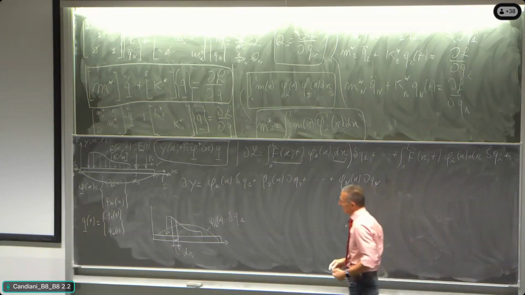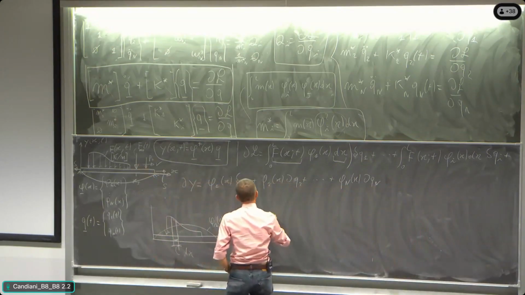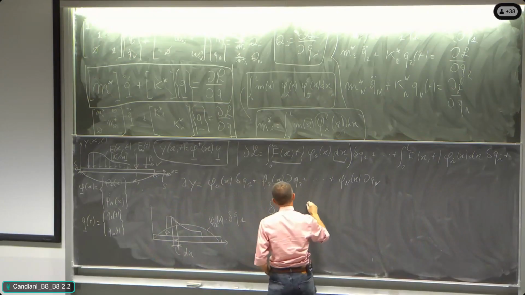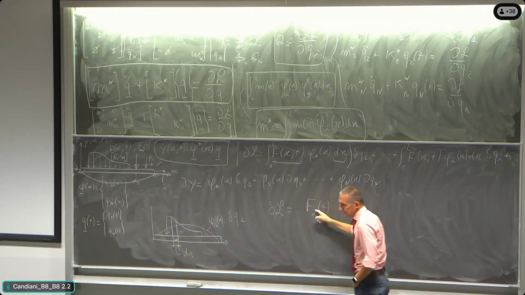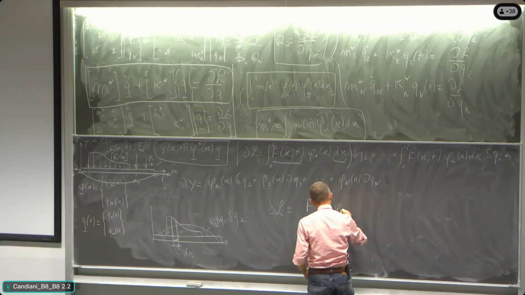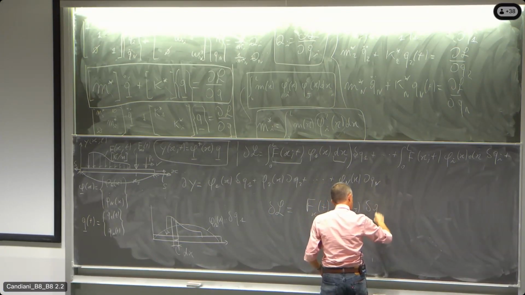Okay? If I have a concentrated force, the contribution into delta L of the effect of the concentrated force will be F at the location xj, function of time, this is Newton, multiplying the displacement. The displacement will be phi1 at the location xj, multiplying delta q1.